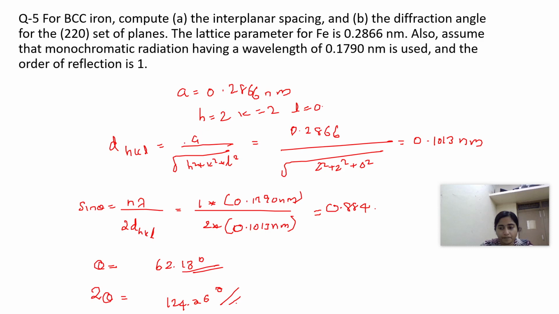If it is cubic, a is the same, right? For non-cubic it will be a by plus b by and so on. You have to do it separately. So we have to do it separately for HCP then. That I will tell you later.